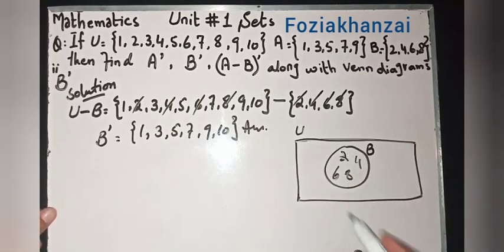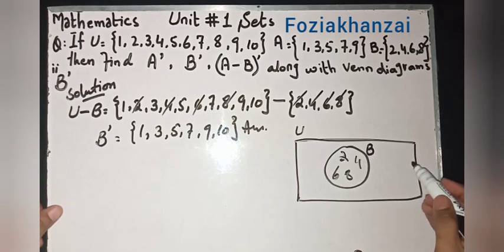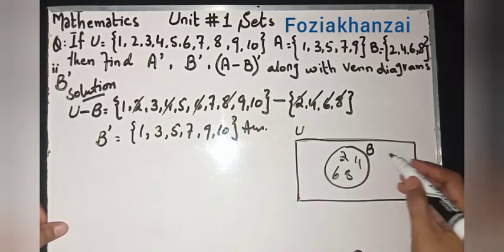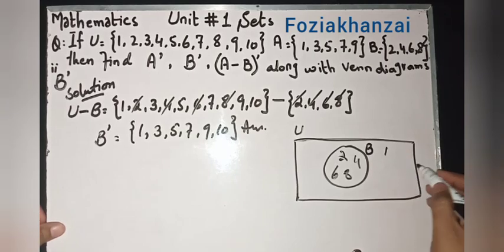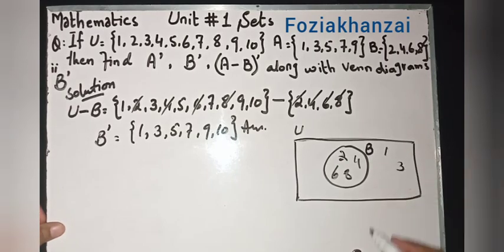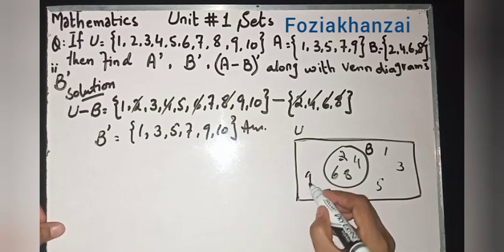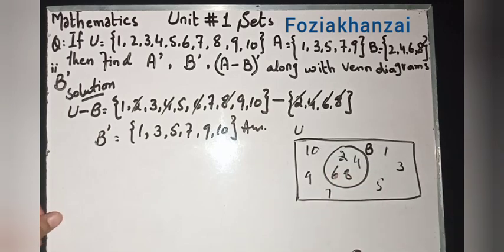Remaining elements of set U, or answer of B complement, we write in the rectangle box: 1, 3, 5, 7, 9, 10.